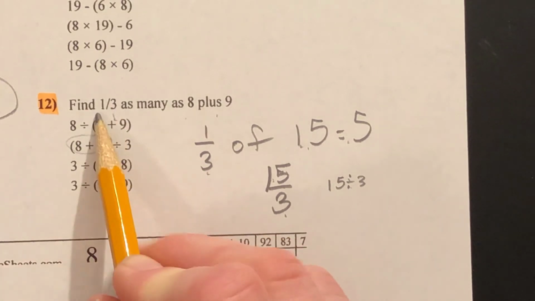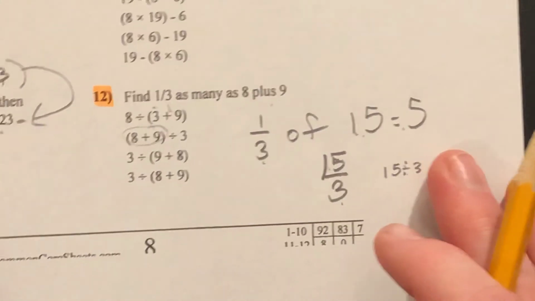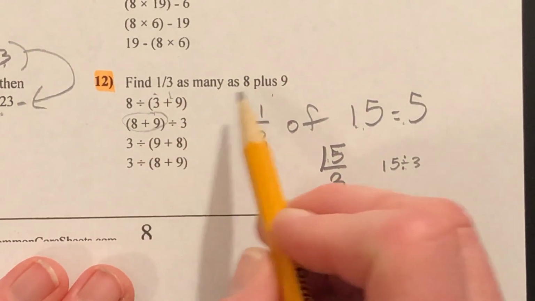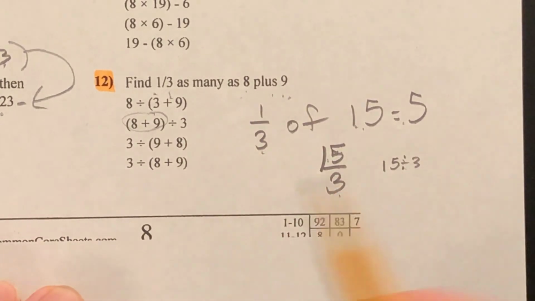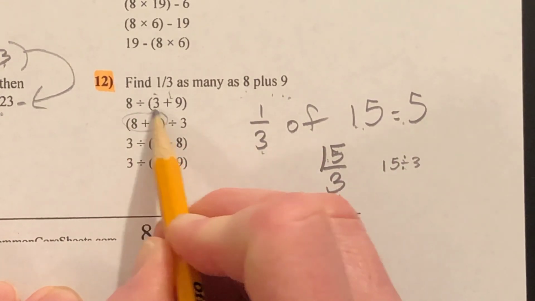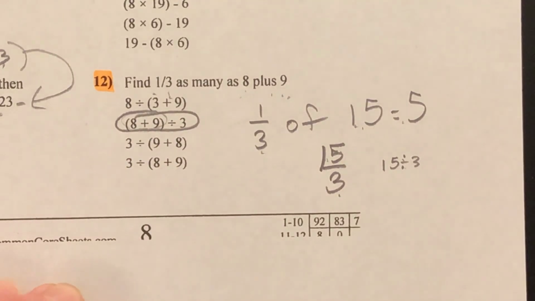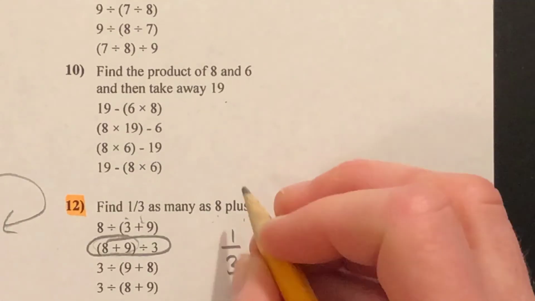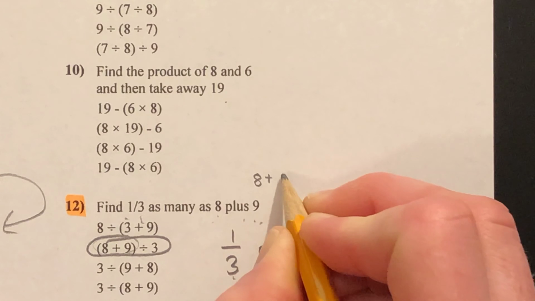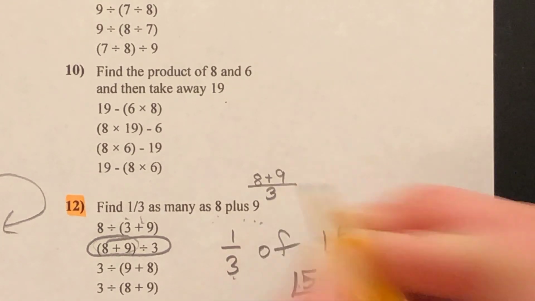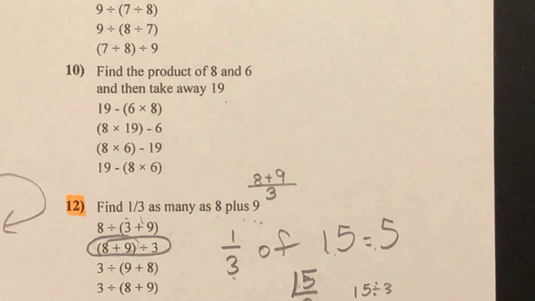So when it says 1/3, basically you're dividing it by 3. So 1/3 as many as 8 plus 9. So 8 plus 9 divided by 3. The better way to write that would be 8 plus 9 divided by 3. But, you know, what can we do?